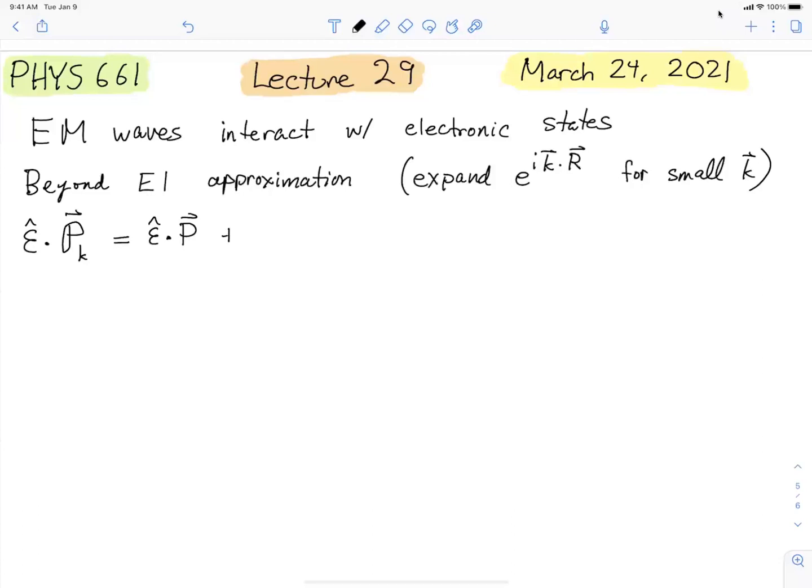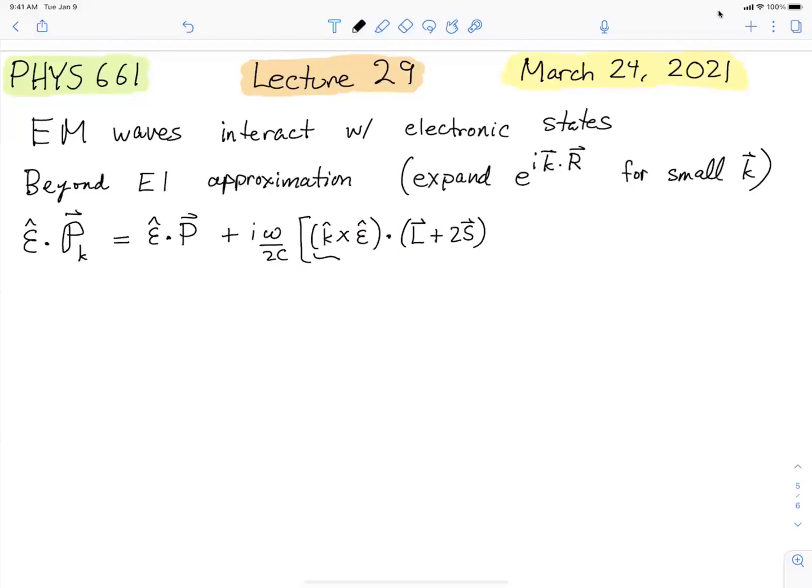And then the second term combines two things that are proportional to the magnetic field. That is the orbital angular momentum, and it turns out twice the spin. They come in that linear combination.